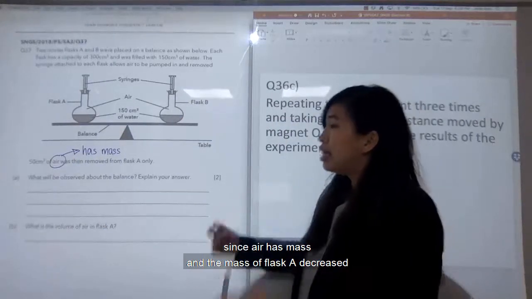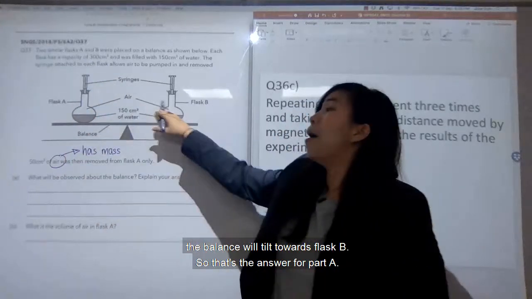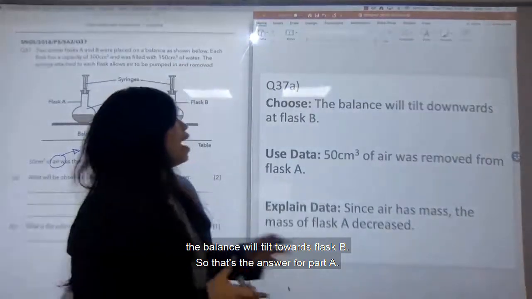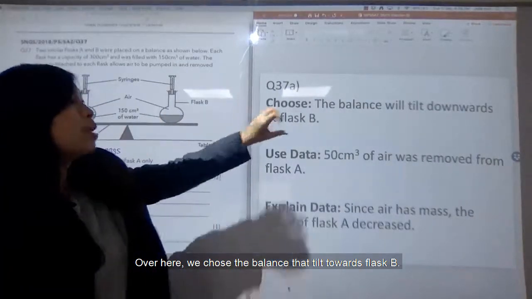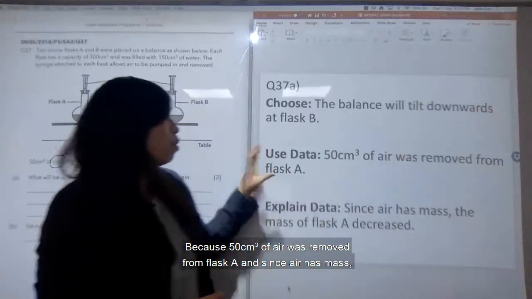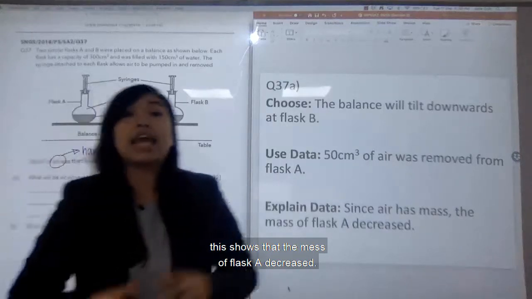As such, since air has mass and the mass of flask A decreased, the balance will tilt towards flask B. So that's the answer for part A. Over here, we chose the balance to tilt towards flask B because 50 cm cube of air was removed from flask A, and since air has mass, this shows that the mass of flask A decreased.